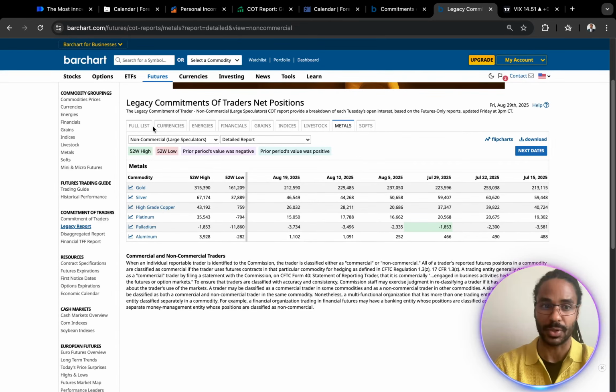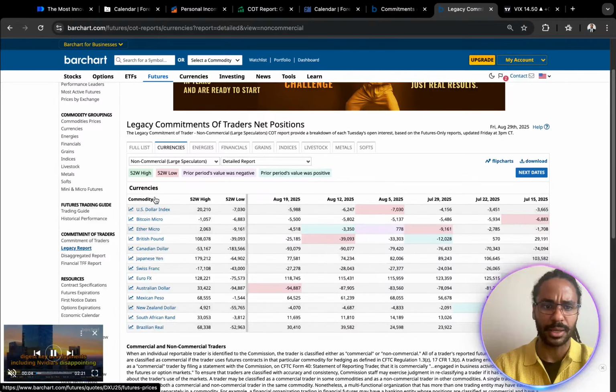So go to your currency pairs; we'll be focusing on GBP/USD. So I want to look at the GBP. Where is that? There you have it, British pound.